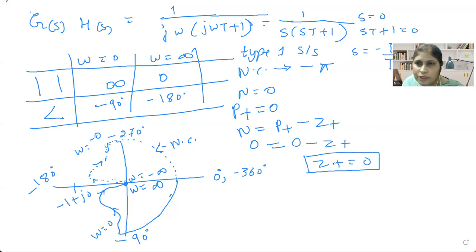These zeros of G(s)H(s) are actually the poles of 1 by (1 plus G(s)H(s)), that is, of the closed loop system. So the poles are not present on the right hand side, and the system is stable.